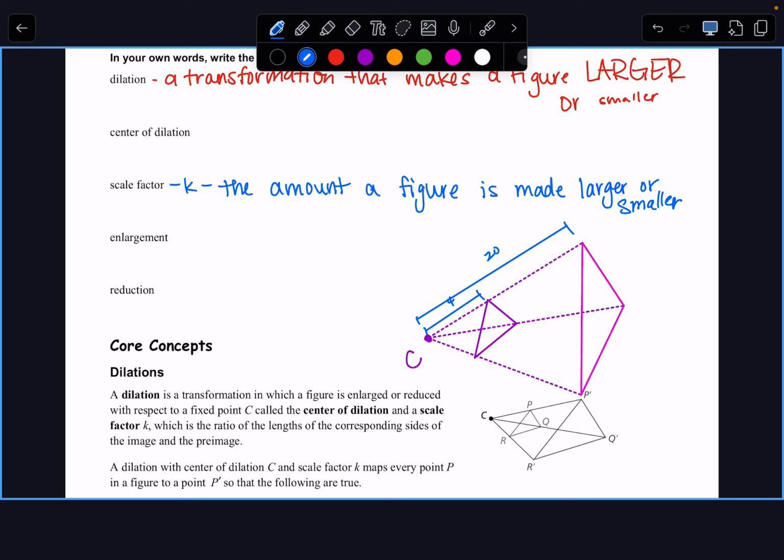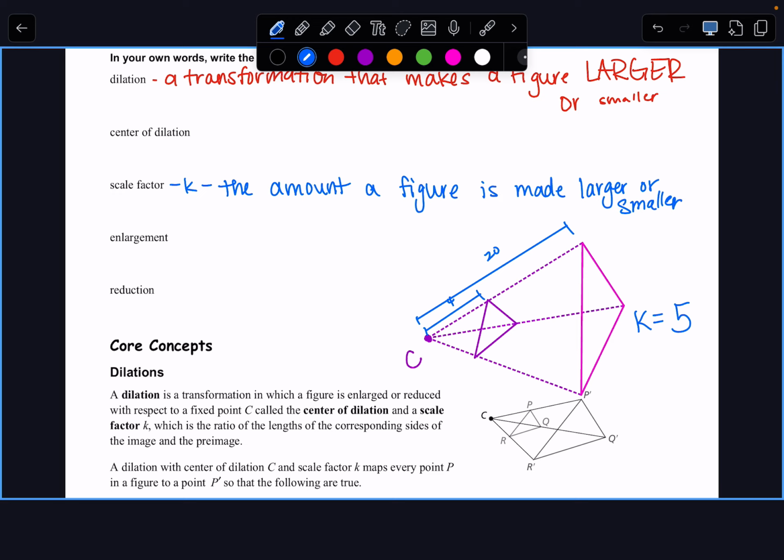It's okay if you don't draw it. But let's talk about what our scale factor is. What would our scale factor be? It is not 16. It is 5.